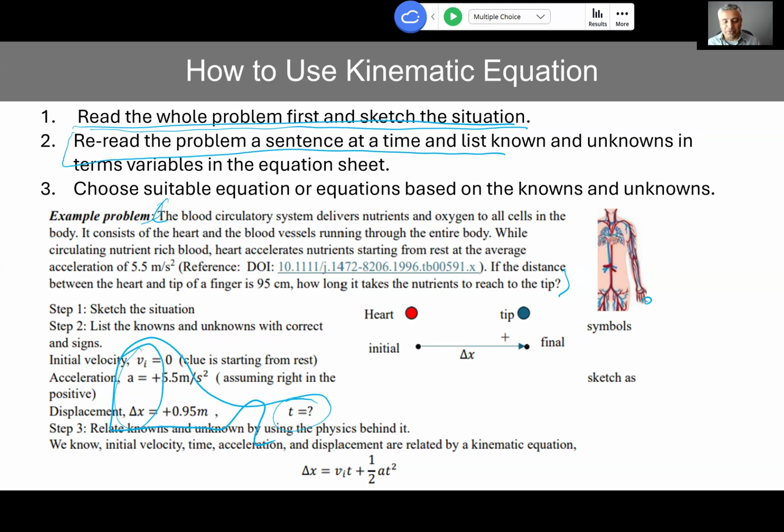But sometimes you may not be that lucky. You may know two things from one equation or the other, but you may not know all three of them in the same equation. In that case, you may have to use two equations and solve them. Solve something from one equation and plug that into another equation.